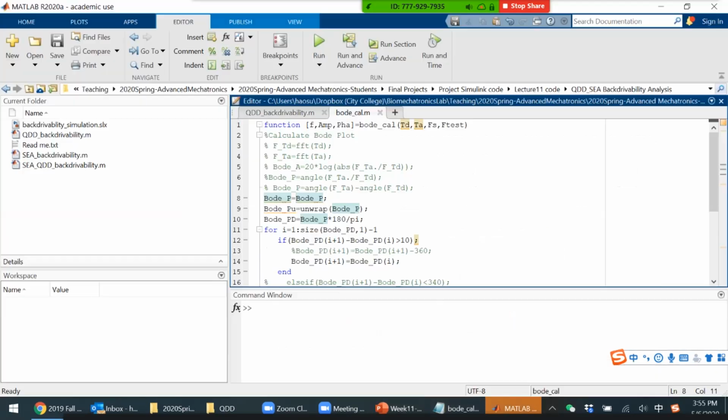Taking a look at the Simulink code for the backdrivability again, there's a gain right after the chirp function for the human angle, and I don't know why the gain. Are you talking about the slides? I'm talking about the Simulink backdrivability_simulation.slx.